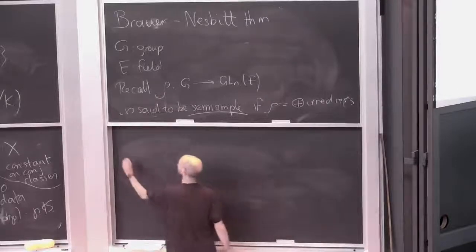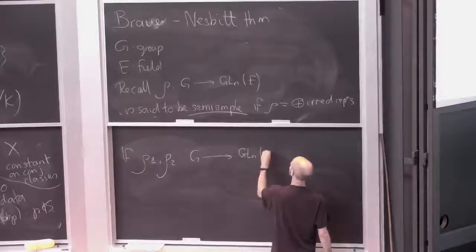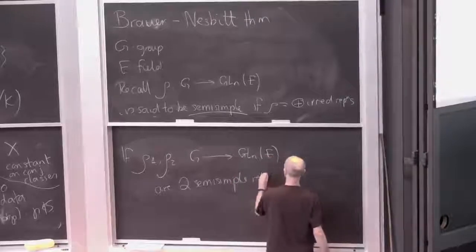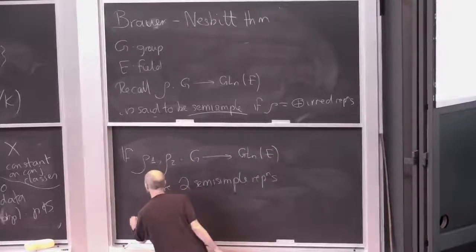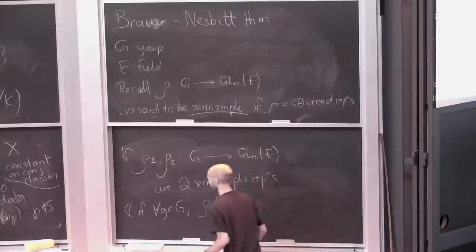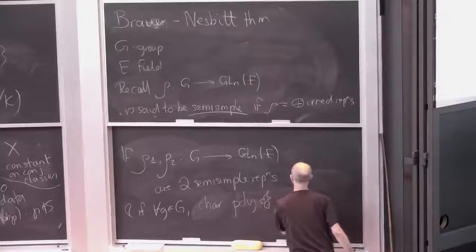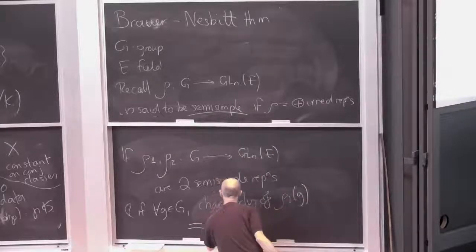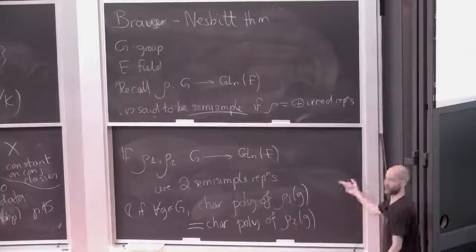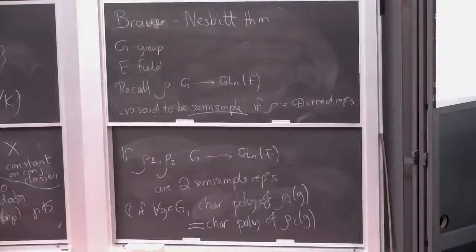Right, so Brauer-Nesbitt says the following. If rho 1 and rho 2 are maps from G to GLN of E, two semi-simple representations, and if for all little g in G, the char poly of rho 1 of g equals the char poly of rho 2 of g, so we've got two abstract finite dimensional representations of an abstract group, could be infinite, no topology, might not be continuous, this is an algebraic statement.